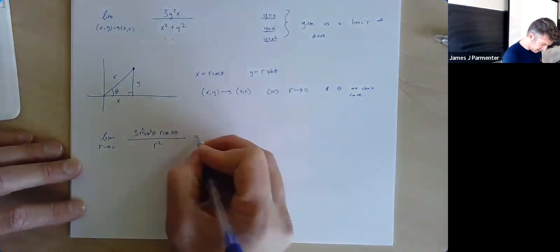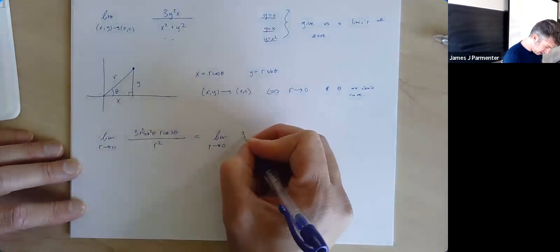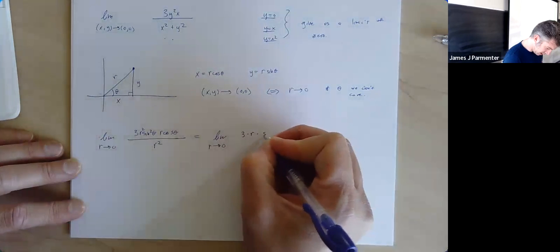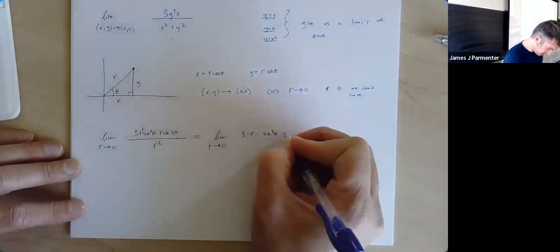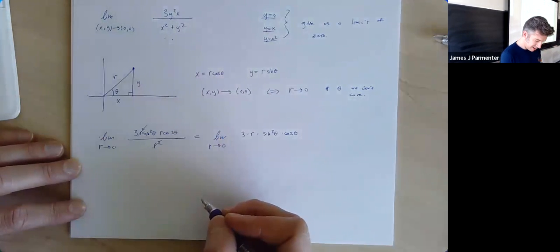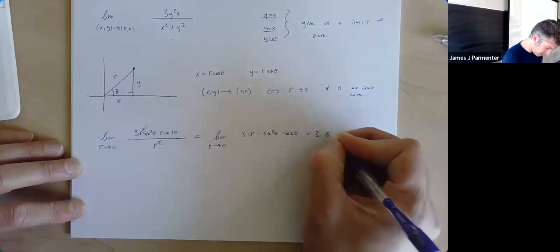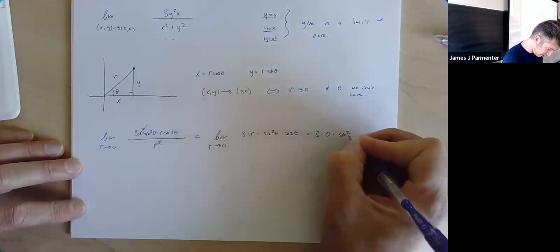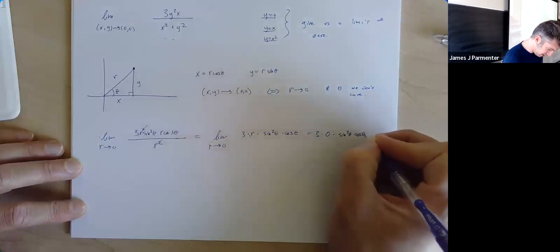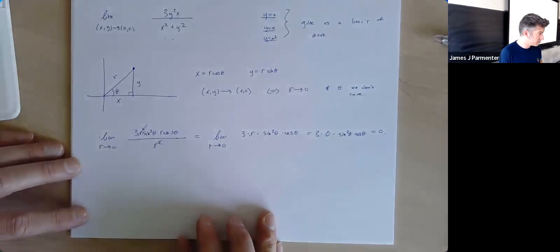If we simplify this, we get the limit as r approaches 0 of 3 times r times sine squared theta times cosine theta. I canceled the r squared with the r squared. Then as r goes to 0, we get 3 times 0 times some functions that aren't going to matter, because once everything's multiplied by 0, you just get 0. And that's enough. That shows it.